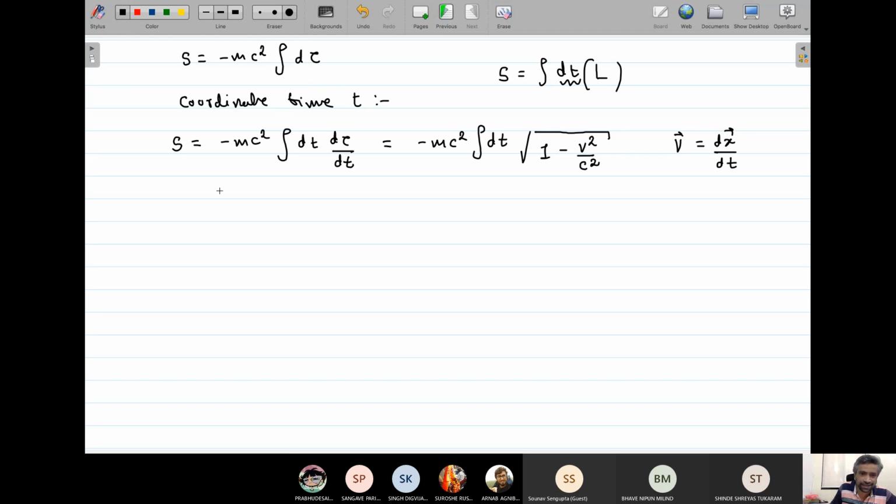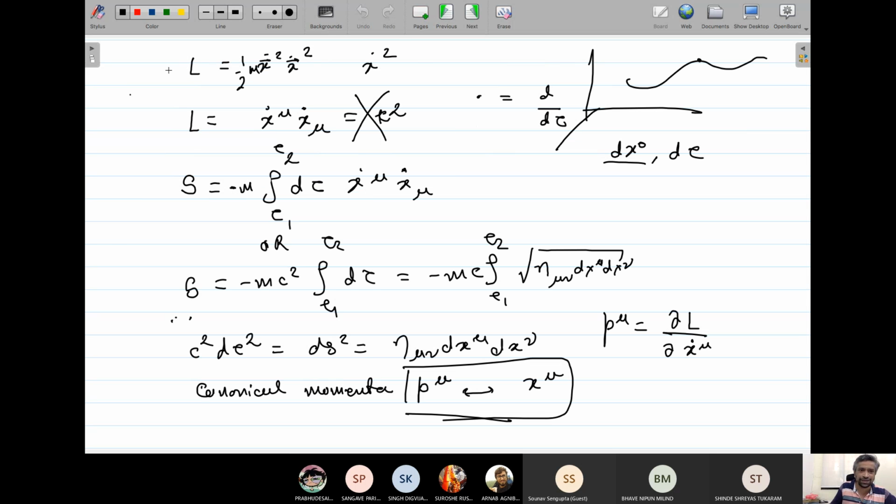So this S is actually Lorentz invariant. Either you write this action in the coordinate time, and then it becomes like this, or you keep it at this level. I will give this as an exercise.